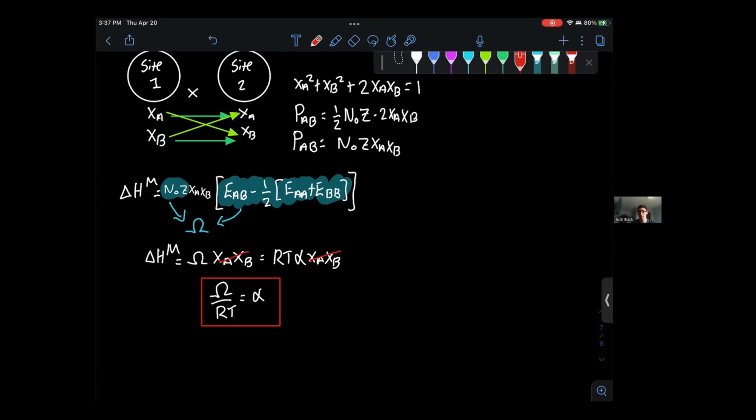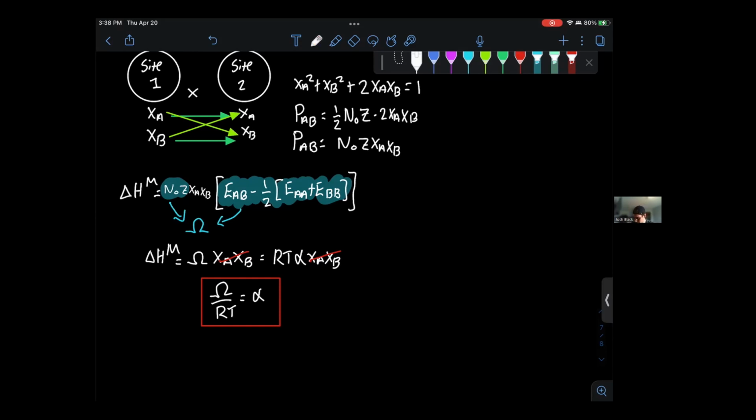All right. From there, we talked a little bit about subregular solutions. Subregular solutions don't have that perfect parabola from XA and XB. They have a little bit of a cubic function instead. You should just know that.